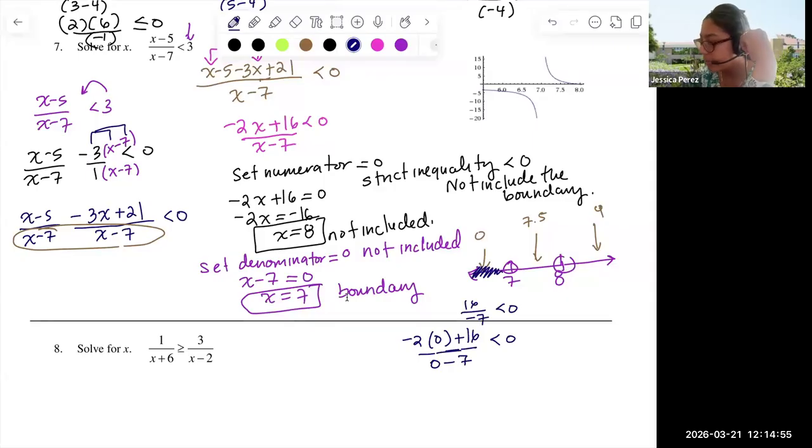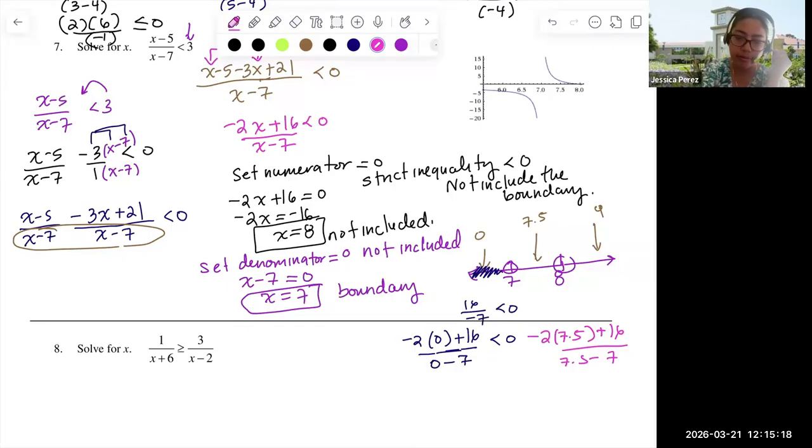Let's find something in the middle. Well, something in the middle would be negative 2 times 7.5 plus 16 over 7.5 minus 7. Well, what is 7.5 times 2? Well, 7 times 2, right?